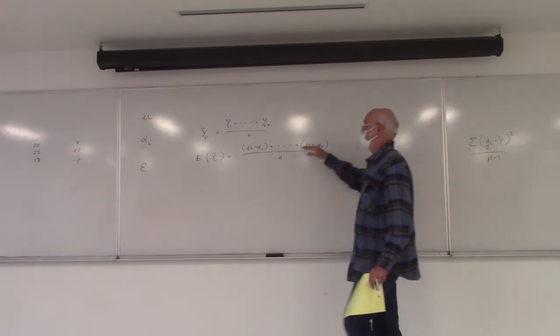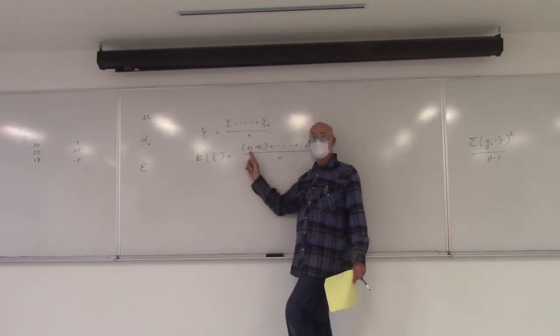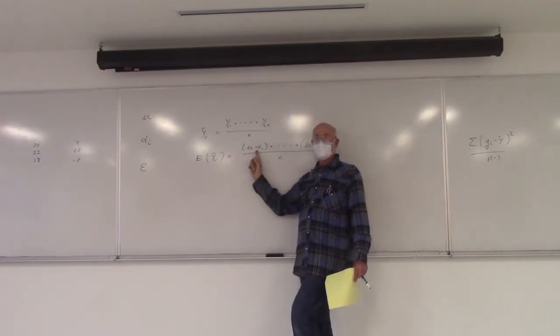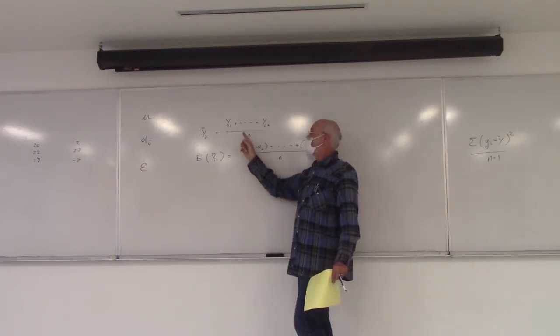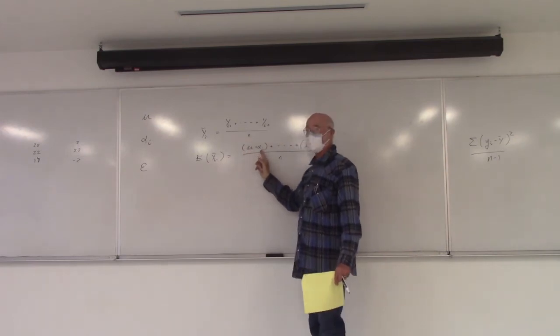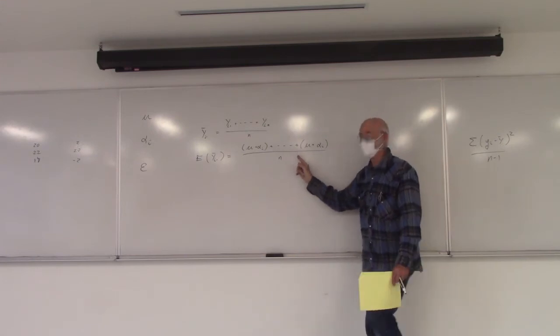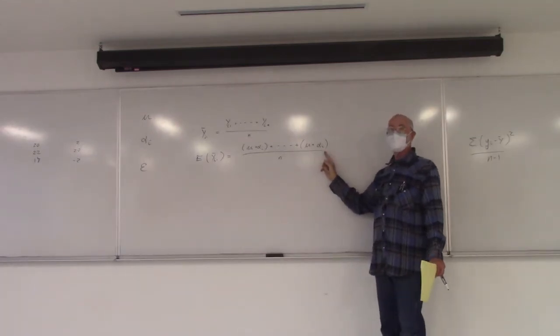Well, it's going to be the true mean plus the treatment effect. And it's going to be the same for each of those. That's why it's mu plus alpha i, plus mu plus alpha i, plus mu plus alpha i, plus mu. It's always the same. Okay?